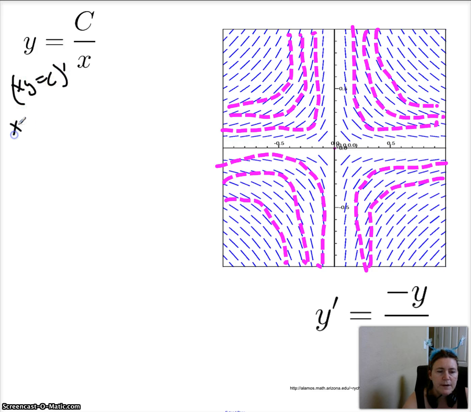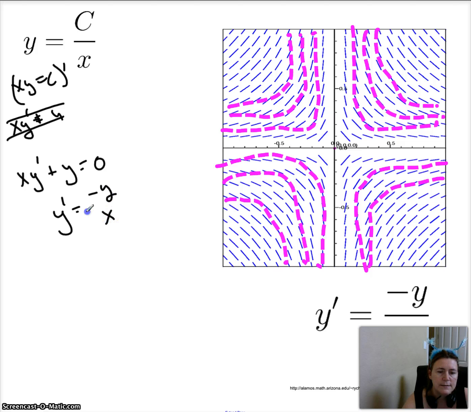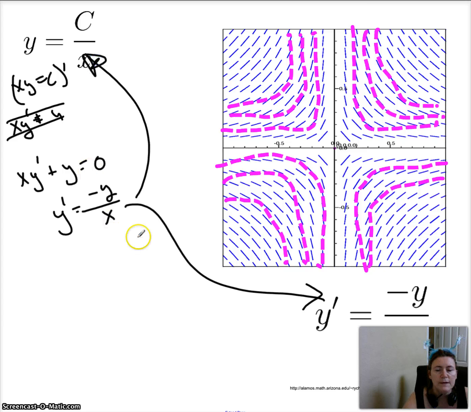So the derivative of both sides is xy prime plus y equals 0. So when I solve this for y prime, this is negative y over x. So indeed, this is a solution to this differential equation. y is c over x.